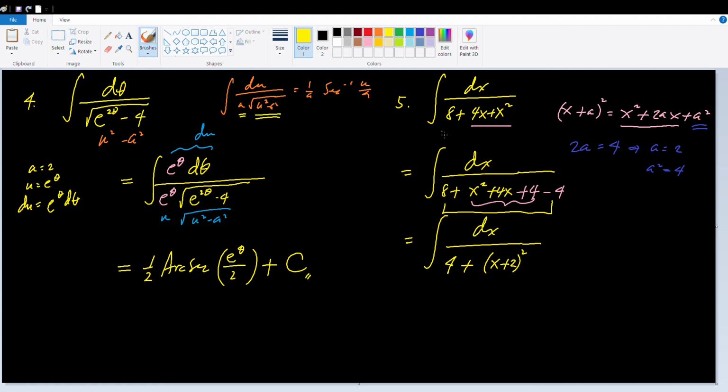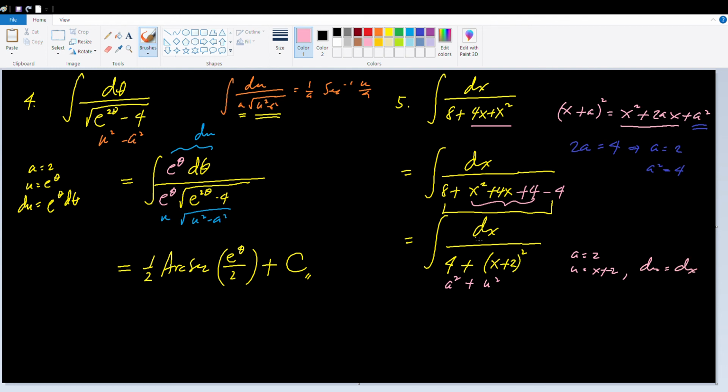Now, take note that our denominator is of the form a squared plus u squared, where a is 2 and u is x plus 2, and the differential du is dx.